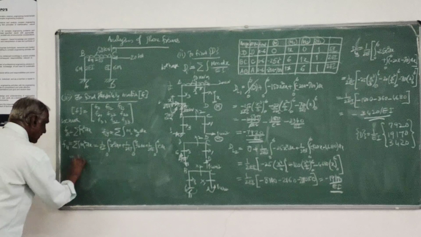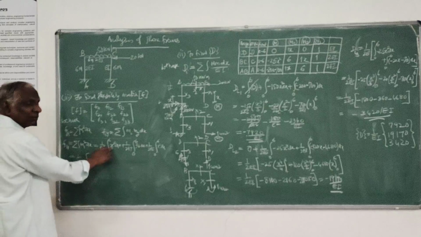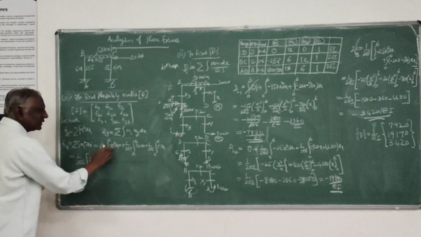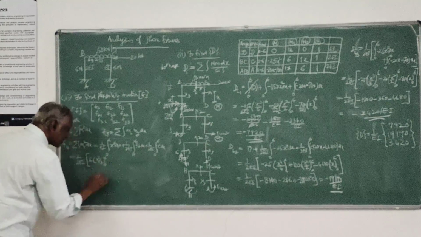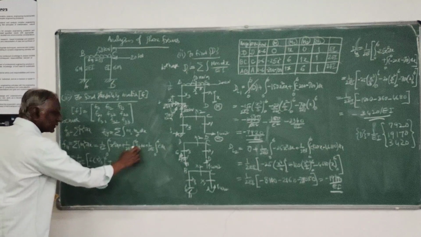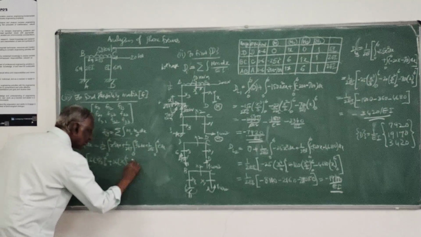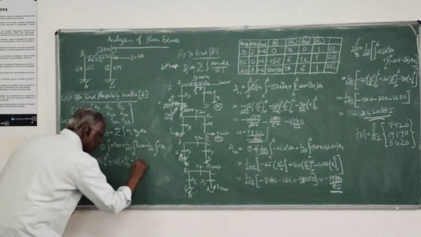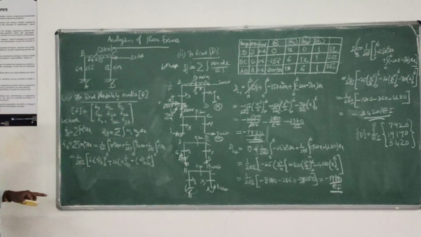I will take this 1 over 2EI outside fully, and this I will multiply by 2. So 2 into integral x square dx is x cube by 3, limits 6 to 0. These two I have taken outside. Plus here it is 36 into integral dx, and then again x cube by 3, limits 6 to 0. This you can simplify.